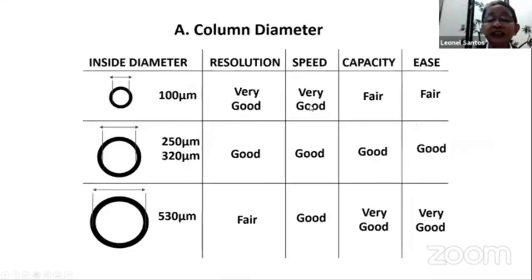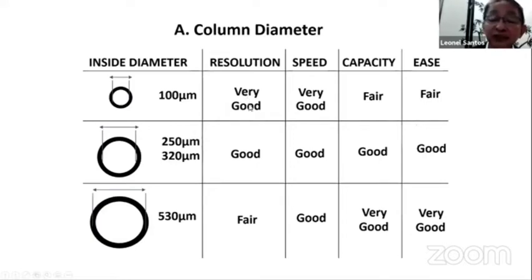In terms of the column that you are using for an alternative procedure for residual solvents, consider the inside diameter of your GC column. If you are trying to have high resolution, you can use the 100 micrometer inside diameter GC column.